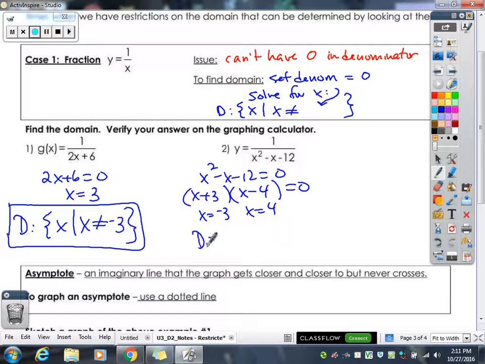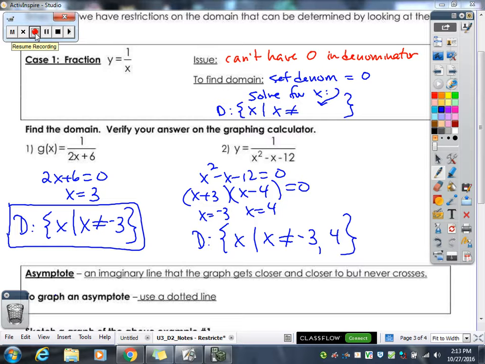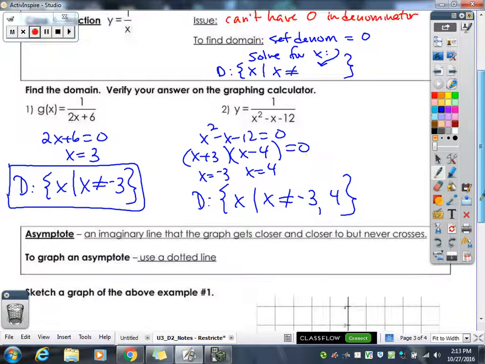Therefore, the domain looks like this, x such that x could be anything as long as x is not a negative 3 nor a positive 4. So that is the first case when we have a fraction.